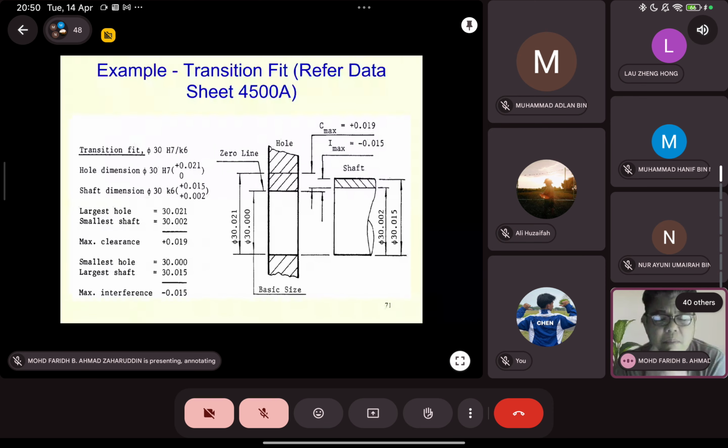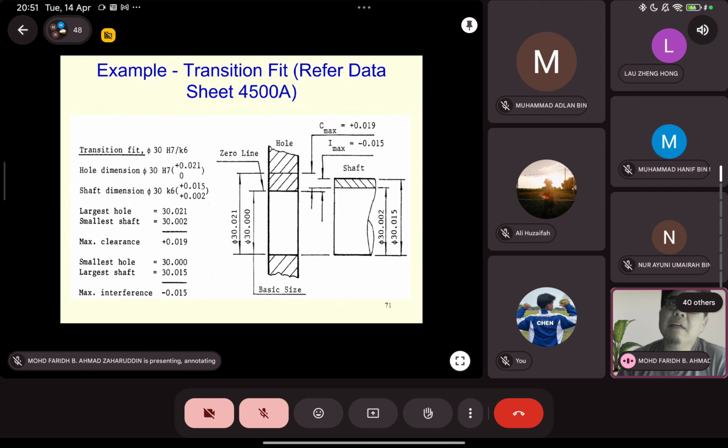Oh, no. Because in the transition fit, there are only two values. One is clearance, one is interference. And the definition for this clearance and interference is the maximum. There is no minimum. We are not talking about minimum.